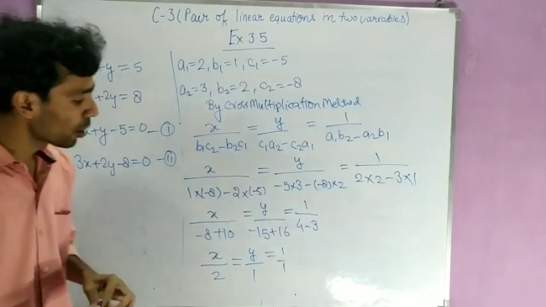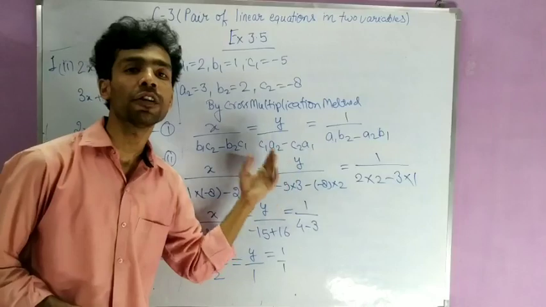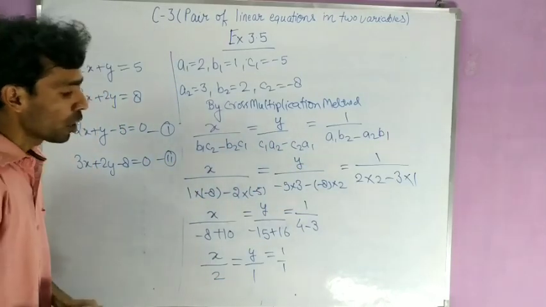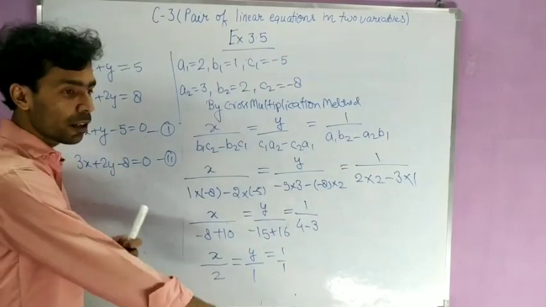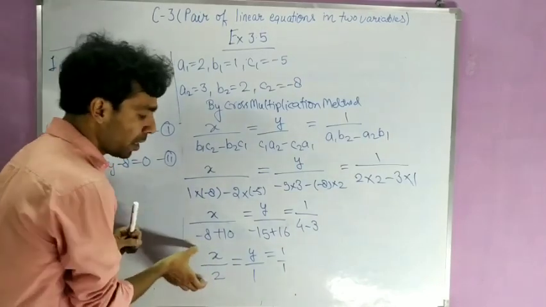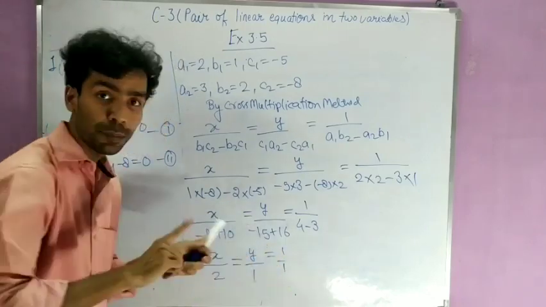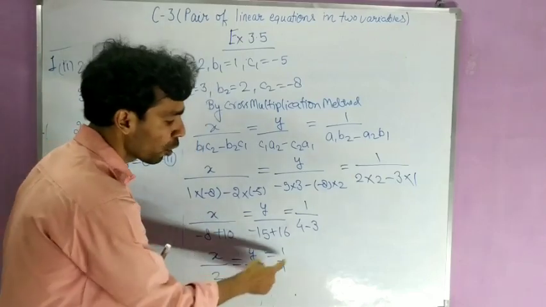So now we got all the expression by putting all the values of a1, a2, b1, b2, c1, c2. Okay, so now for getting the values of x and y, what we will do? We will equate the variable term with the constant term. Variable term is this and constant term is this, 1 by 1. So x by 2 is also equal to 1 and y by 1 is also equal to 1.